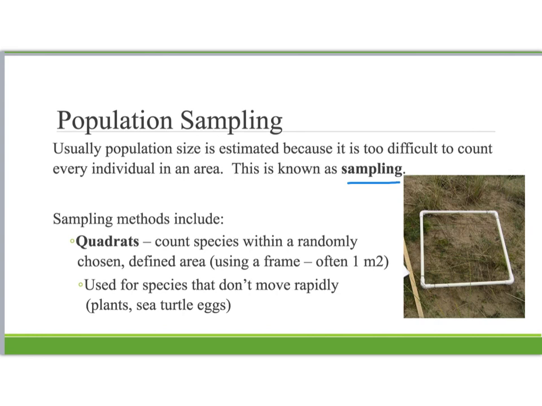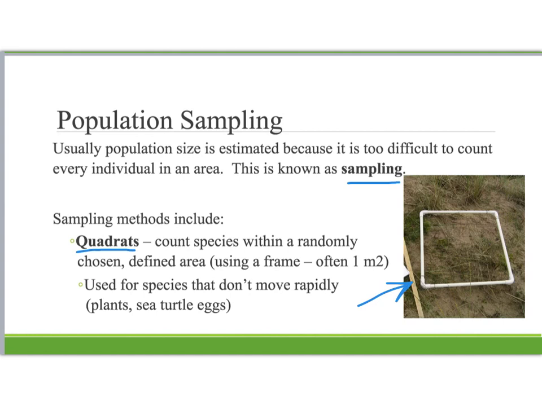The first one is called quadrats. In this sampling method, you would count the species within some randomly defined area. It's usually done using a frame, like you see over here in the illustration, and this frame is placed randomly across an area that is going to be sampled. And then inside the frame, any of the individuals that are part of the population you're considering are counted.